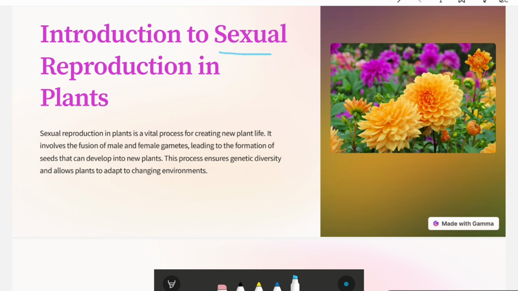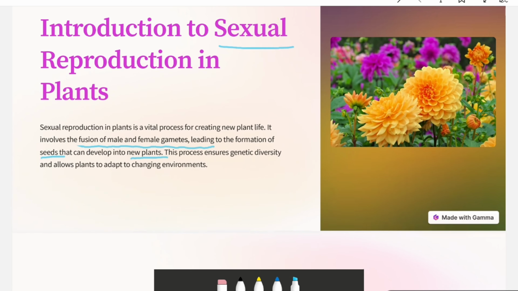But sexual reproduction involves the fusion of male and female gametes, which forms the seed, and it will develop into a new plant.